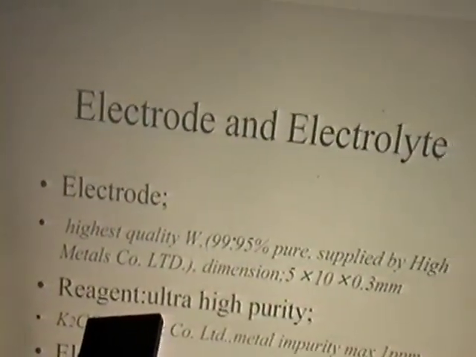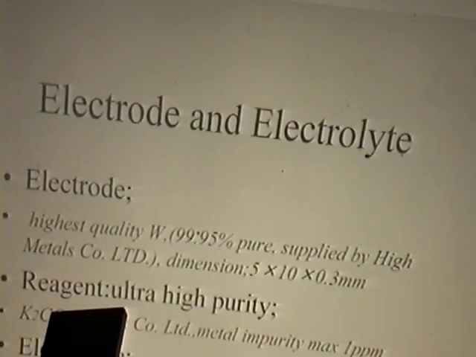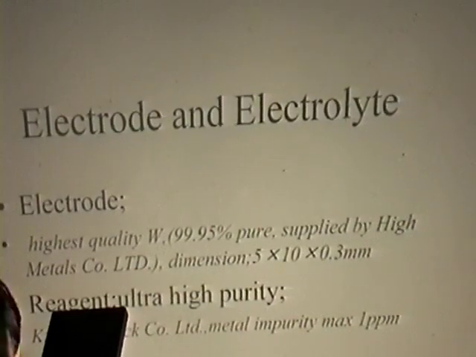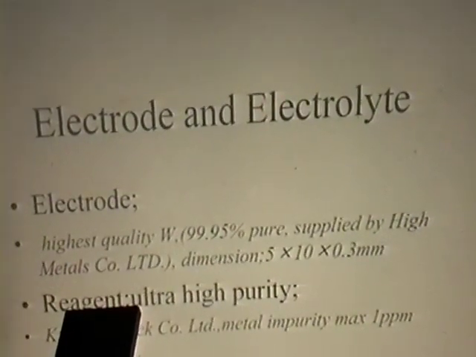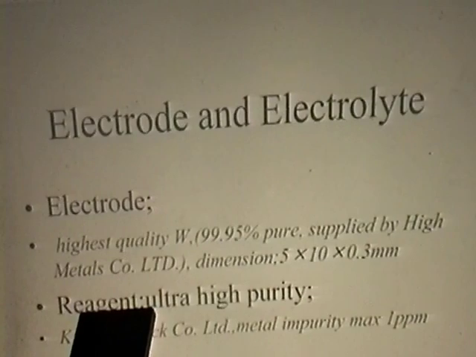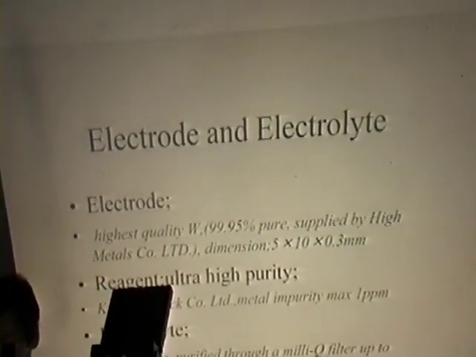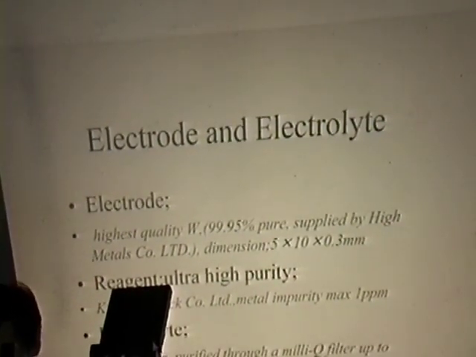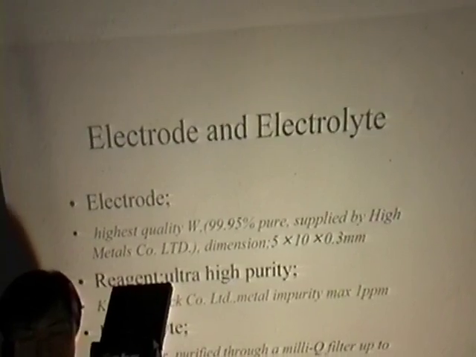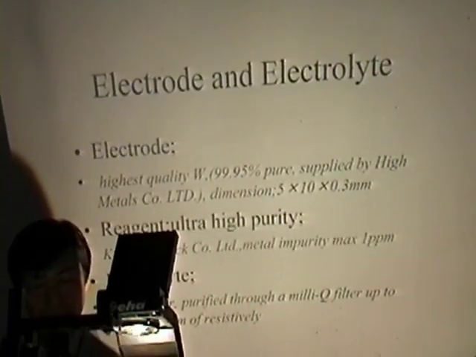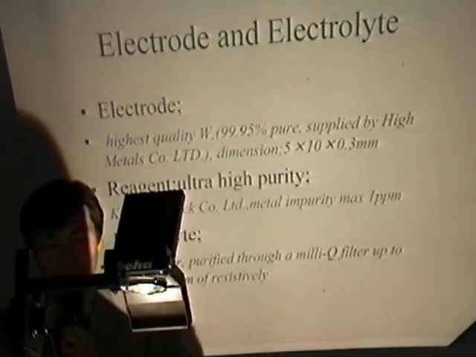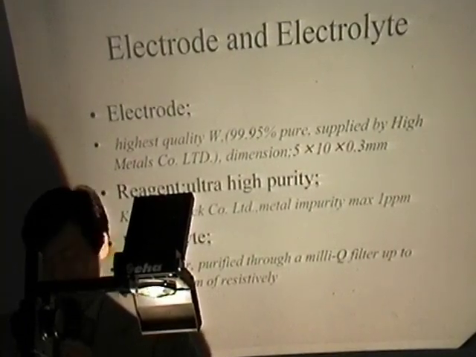I used high purity tungsten, 99.95% pure. The dimensions were 5 by 10 by 0.3 millimeter thickness. The electrolyte water was distilled water. I used light water purified through a Milli-Q filter up to 18.3 megaohm centimeter of resistivity.